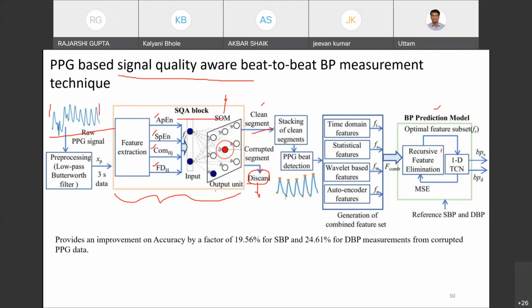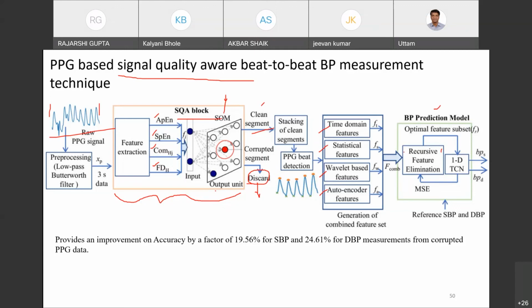From each of these beats, we calculated the systolic and diastolic blood pressures, and for that we took a few time domain features, statistical features, wavelet features, and autoencoder based features. Then from this combination, we used recursive feature elimination to reduce the number of features by around 50%.